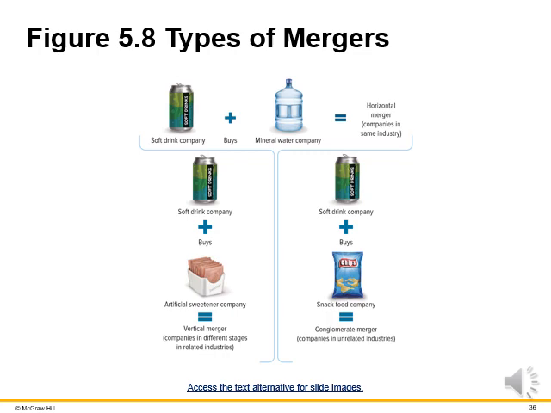Then the next one is a vertical merger. It's different companies in related industries. So you have a soft drink company that buys an artificial sweetener company. And then last is the conglomerate merger.